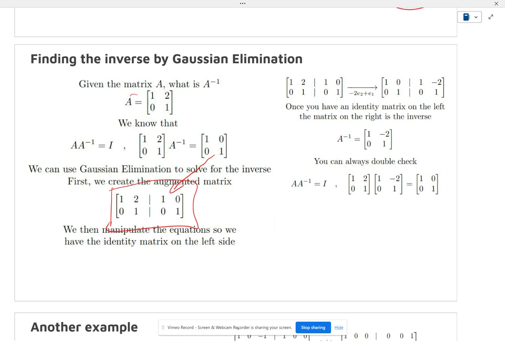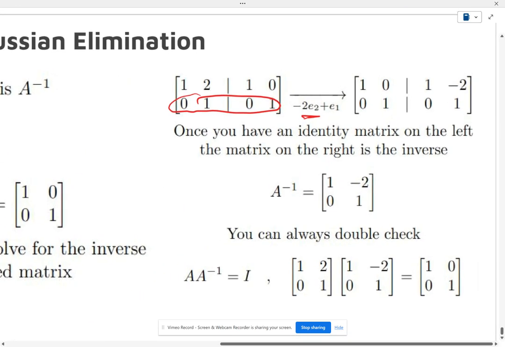You put the entire identity matrix here. So the way we manipulate them is we essentially perform Gaussian elimination. But instead of having one column here, we have to use both columns. So for example, over here, I have minus 2 times equation 2 plus equation 1.